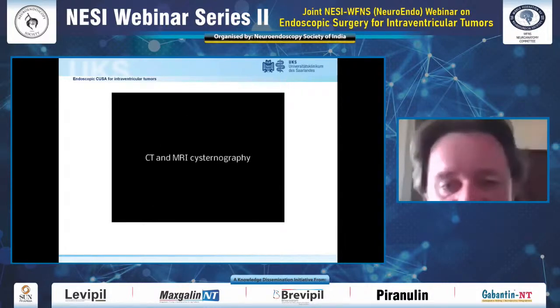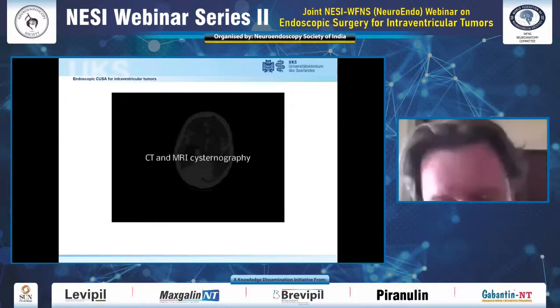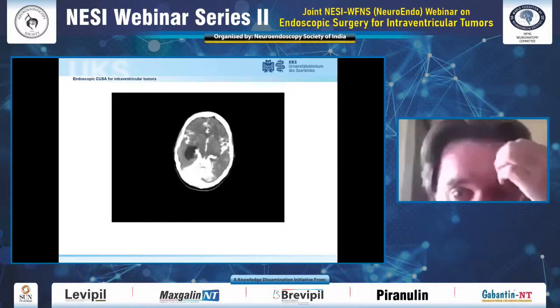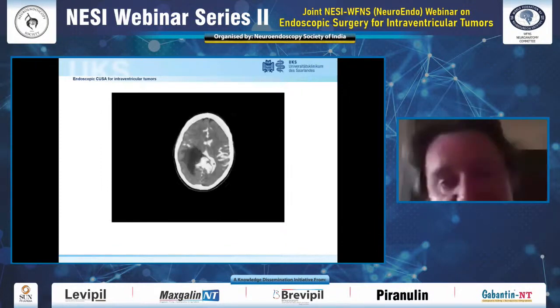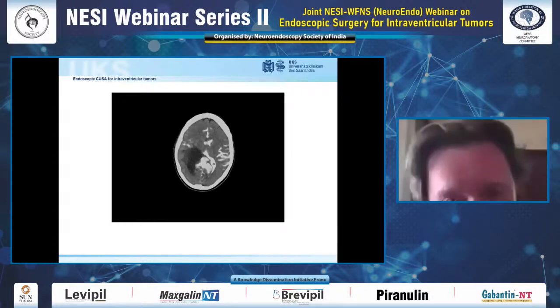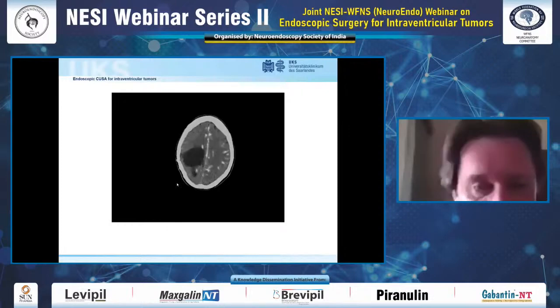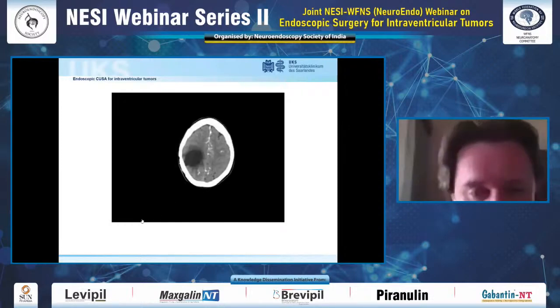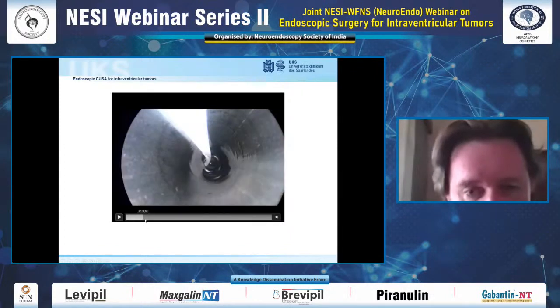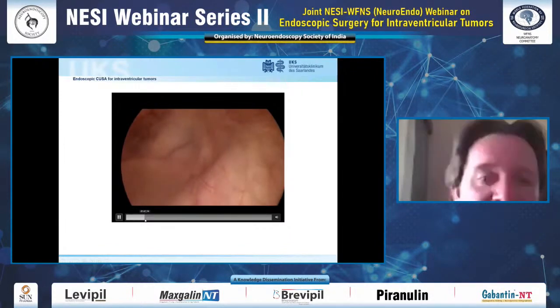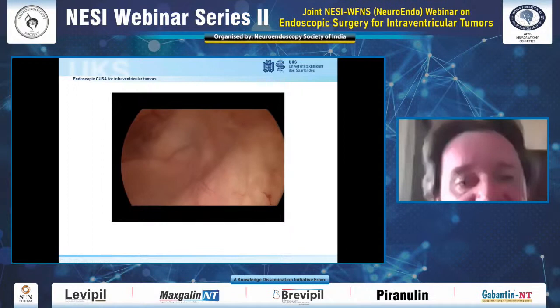So underwater, here we use the CUSA to resect membranes in an isolated cyst. You see this patient after cystoscopy has an isolated lateral ventricle, and then you see when we go in with the endoscope, we use navigation, trigonal approach, and now you're within the isolated ventricle.